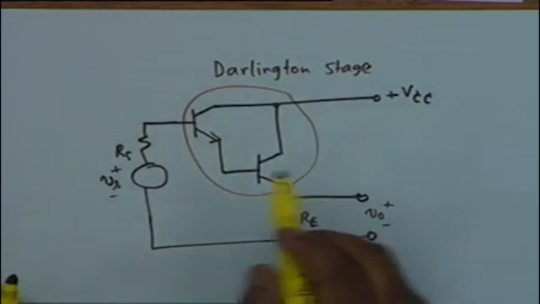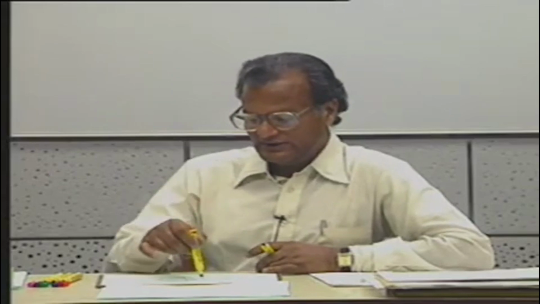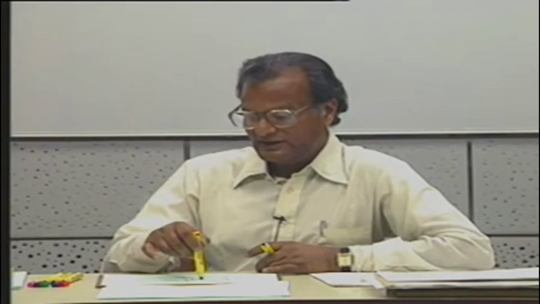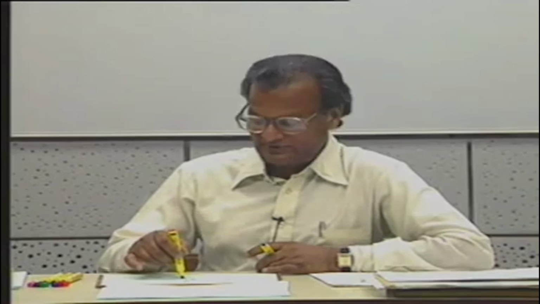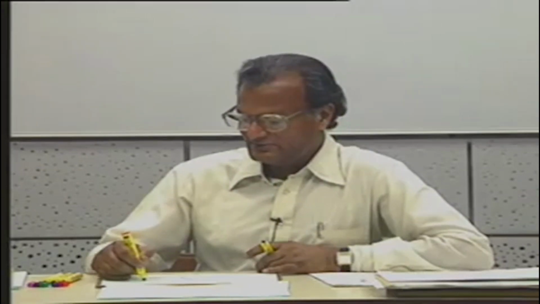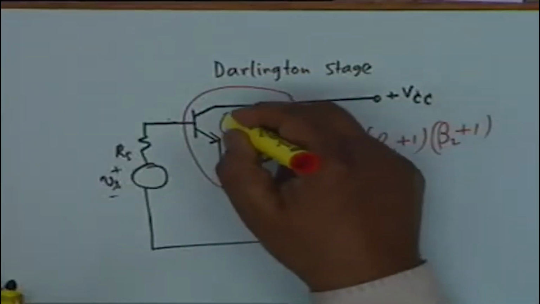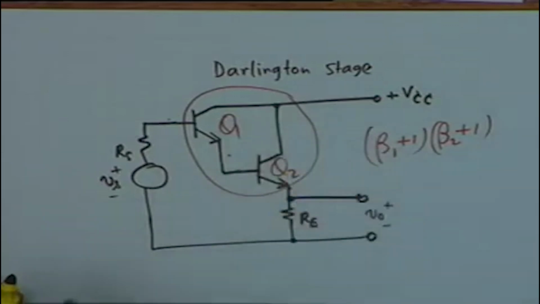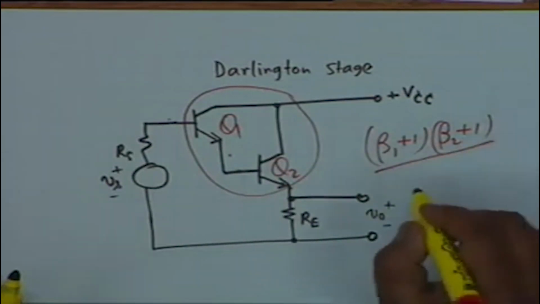The current amplification, very grossly, you can see that the emitter current would be beta plus 1 times the base current, and this emitter current will be beta plus 1 times this base current, and therefore the current amplification should be beta 1 plus 1 times beta 2 plus 1. If this transistor you call Q1 and this you call Q2, this is what will happen, and this is what indeed happens.